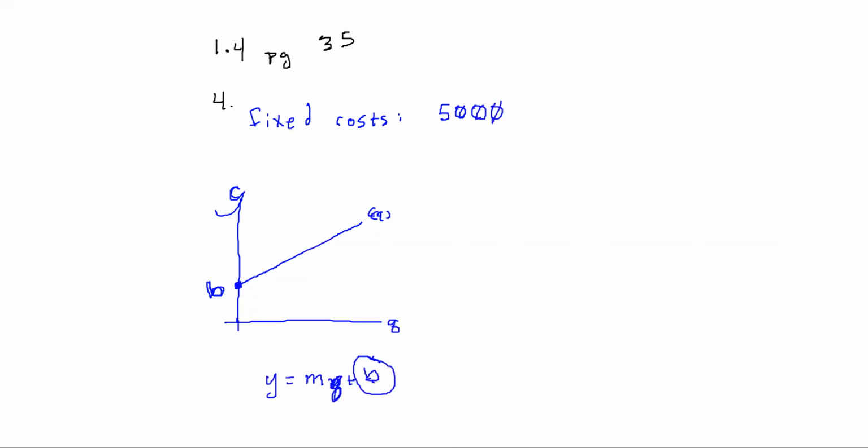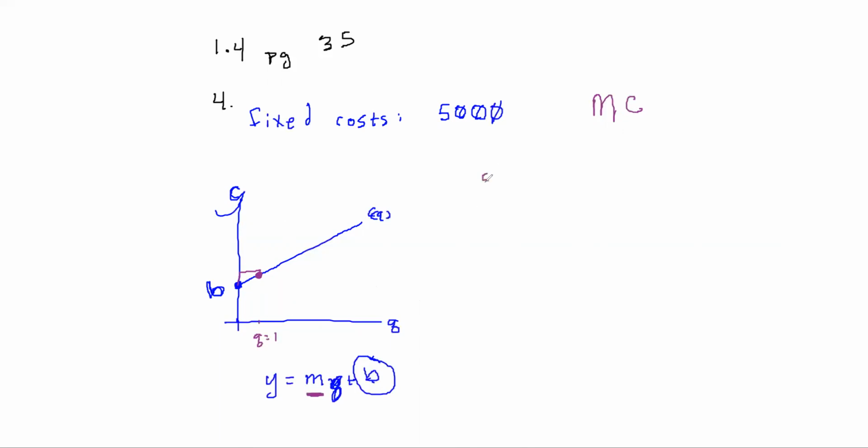Okay. So if our fixed costs are $5,000, what is our marginal cost going to be? In terms of this equation that I have down here, it is going to be this m, this slope. If I move from making 0 to 1, so Q equals 1, what is that change going to be?